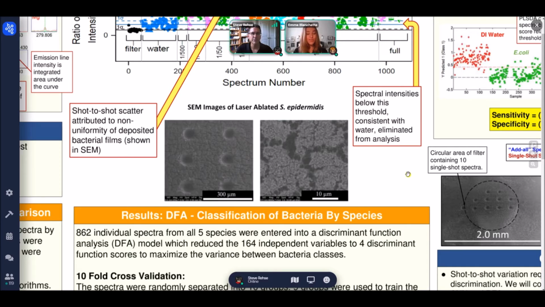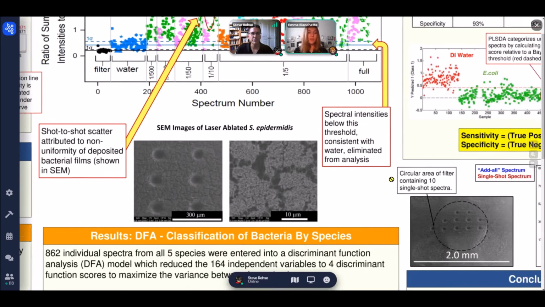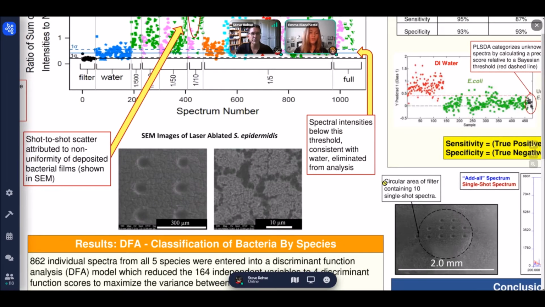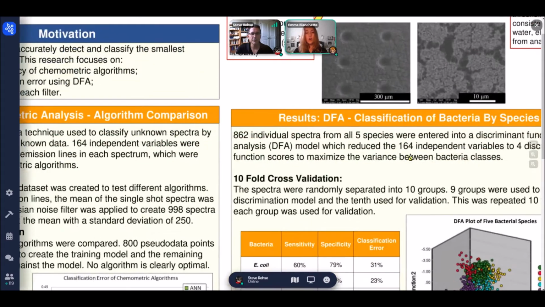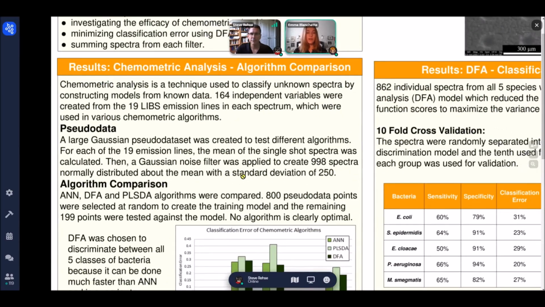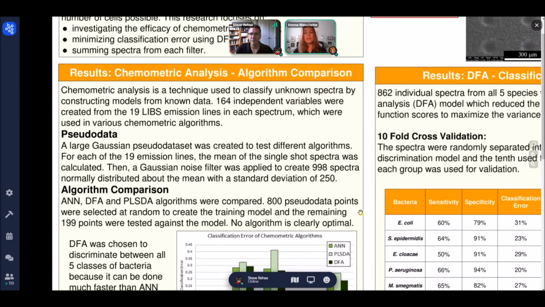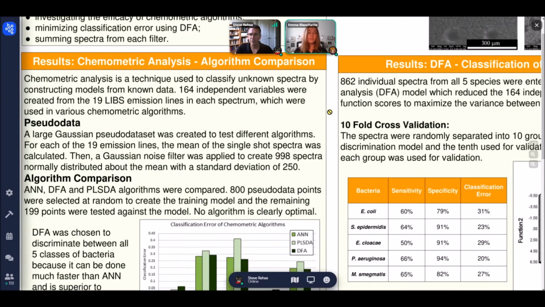So now for our results for this particular poster, directing our attention first to results, chemometric analysis, and algorithm comparison. All we wanted to do here was see what algorithm was best for discriminating between species. We did this by generating a well-behaved data set, or pseudodata, to test the efficacy of each algorithm and then compared the sensitivity, the specificity, and the classification error.